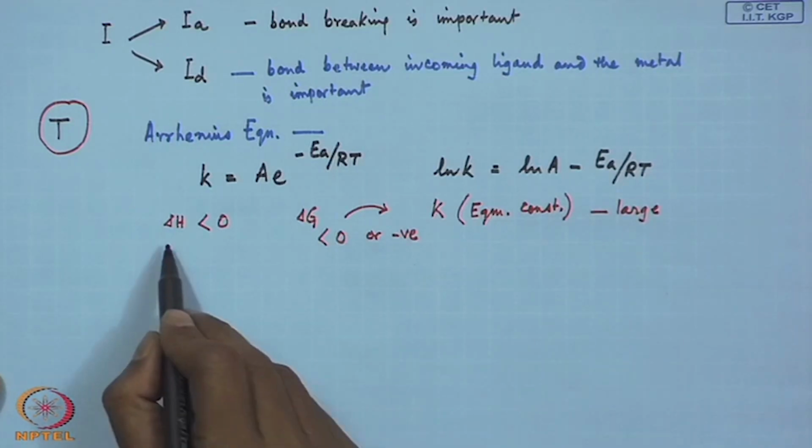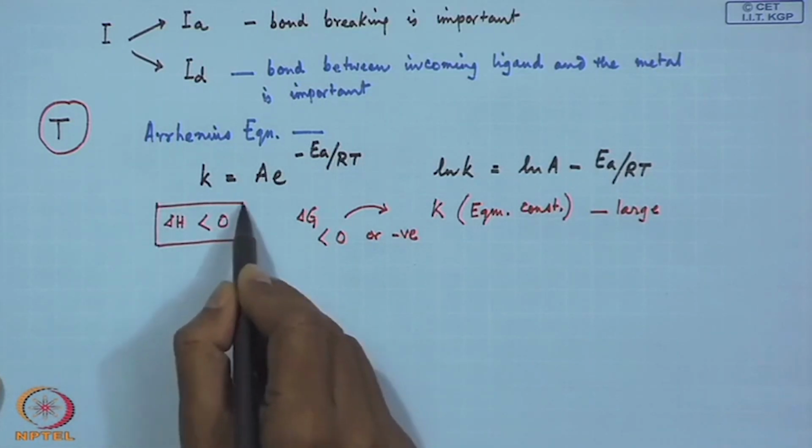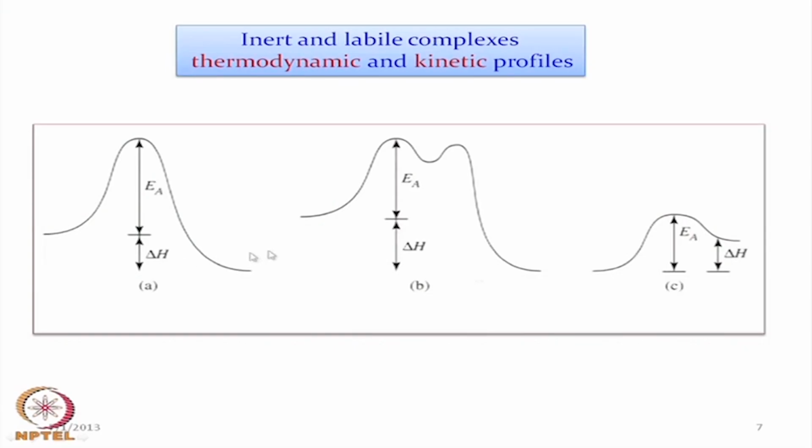So, whenever we have delta H less than 0, our delta G is also less than 0 and we have a large equilibrium constant. In these first two cases, the delta H is small here, and here also the delta H is small. So, we have a large equilibrium constant, that means it has thermodynamic stability.